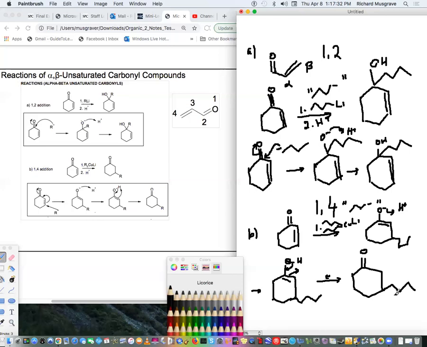Okay. But the difference has to do with the reagent that we're using, whatever's on the arrow. That's what's causing the difference in the kind of product that we're getting here. Does anybody have any questions so far? I'm just about to go into an explanation as to why they're different. But does anybody have any questions so far?